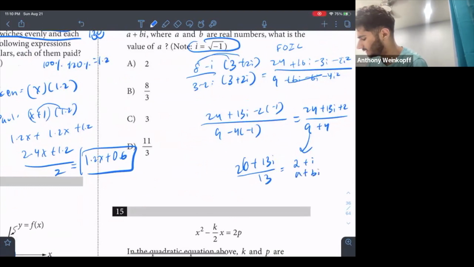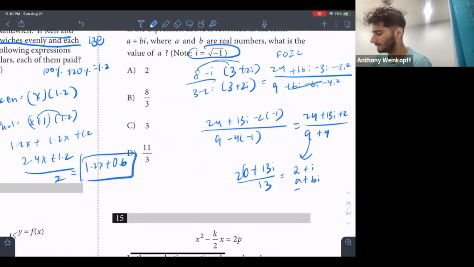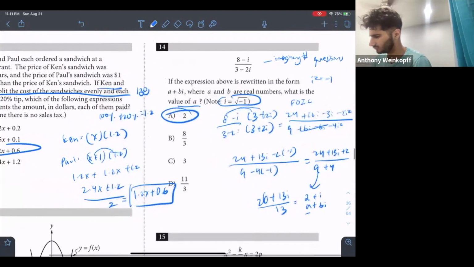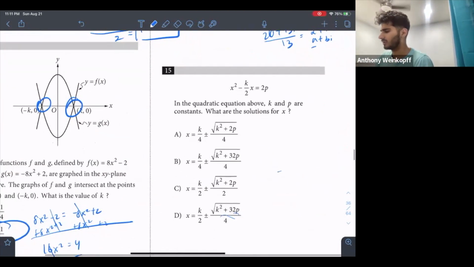So a would be 2. The question is asking for the value of a. So 2 would be our answer. And then okay.